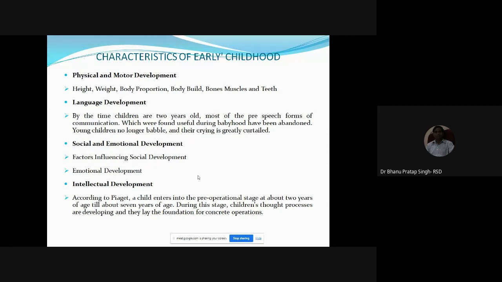Social emotional development: we have learned what the factors influencing social development are, even emotional development. What intellectual development is, we have learned in previous slides in detail.